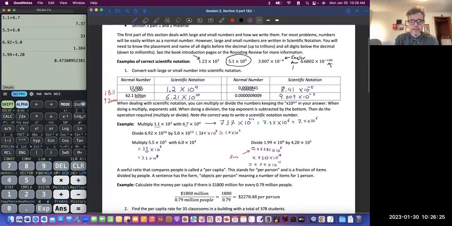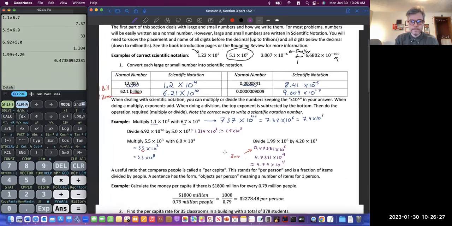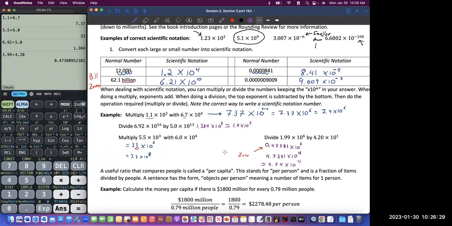Any questions about that? I have a question. Yeah. What if your exponent is on this, like, okay, say 1.99 times 10 to the first divided by 4.20 times 10 to the sixth. What do we do?